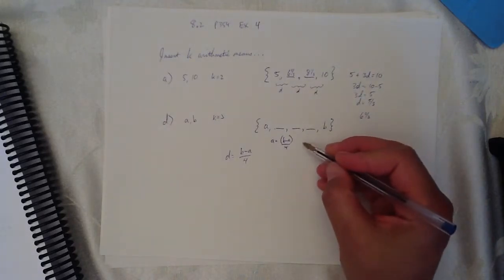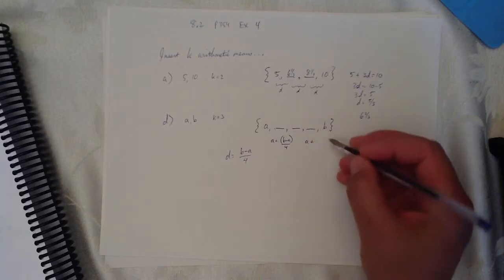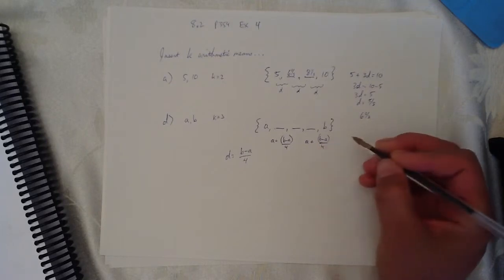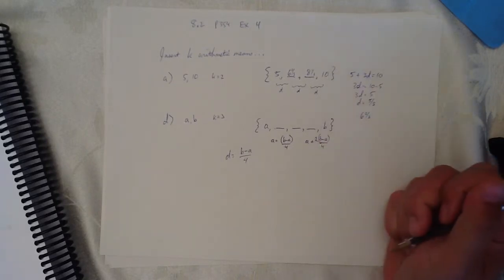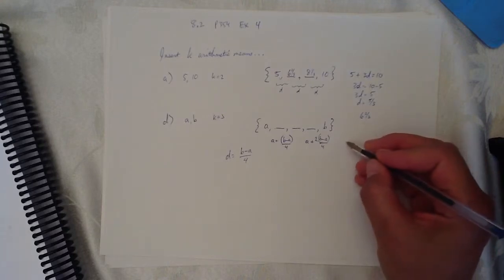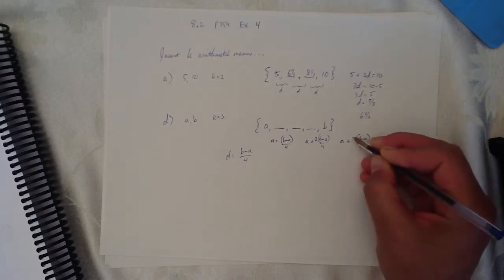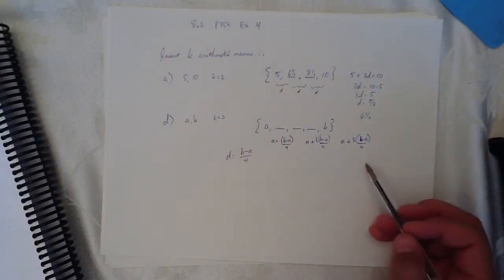The next term is going to be A plus (B minus A) over 4 twice. We'll put a 2 there. And the next one will be A plus (B minus A) over 4 3 times. So those are my 3 terms.